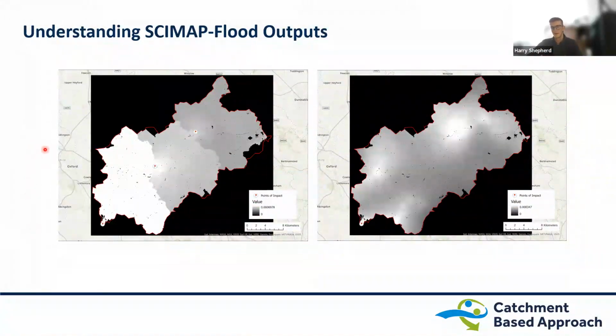And then quickly look at the other output that you get, which is the coefficient of variance. SCIMAP-Flood runs for each combination of travel time map and rainfall pattern. So if you had 3 travel times and 10 rainfalls, then it would run 30 different versions. For each point in the catchment, it takes the coefficient of variance, which is a measure of how spread the data is.